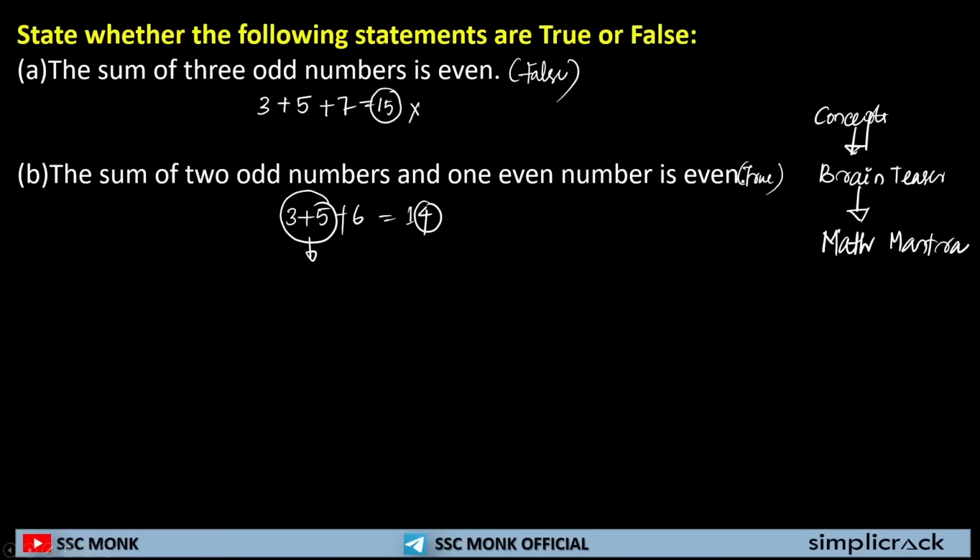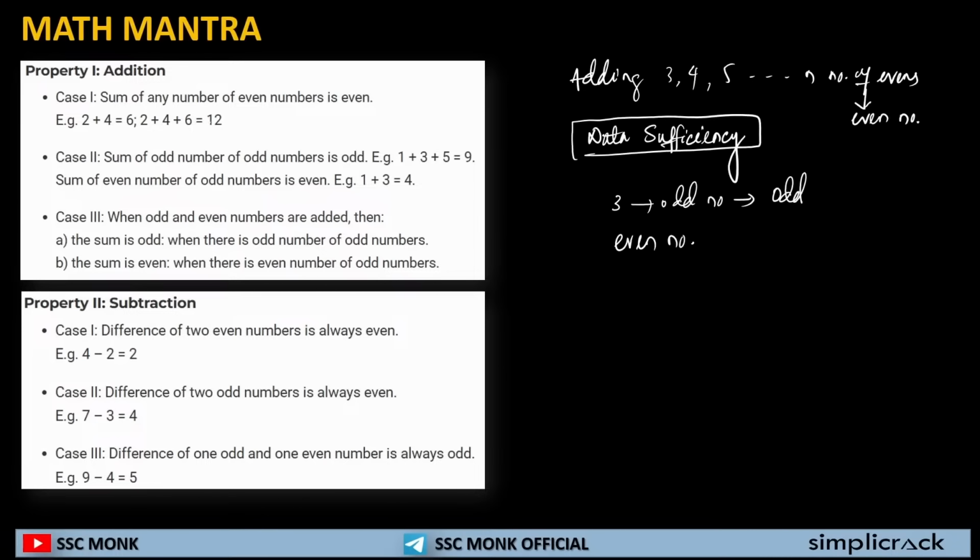An even number of odd numbers, and I'm getting what? An even number. So this is another case: when we are adding an odd number of odd numbers, the answer is odd. When we are adding an even number of odd numbers, now this is the trickier part. Even number of odd numbers means we are adding odd numbers, but how many odd numbers are there? That is in even format.